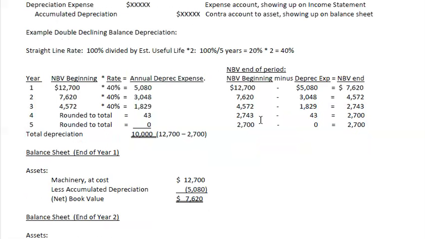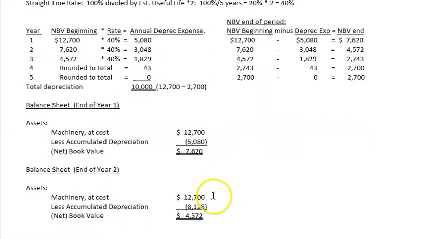At the end of the second year, 7,620 minus 3,048 gives us a net book value of 4,572.